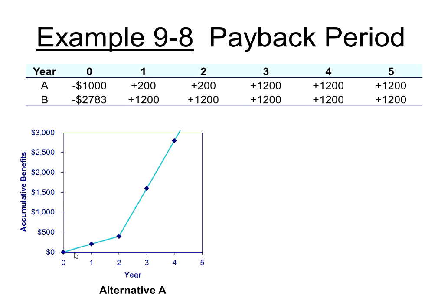cumulative benefits. So for A, we start first with 200, then 400, accumulate these two, and then add this one. This is gonna be 1600, so you can see this is in year 3. So 1600, and this is where it crosses, right? It crosses this 1000.